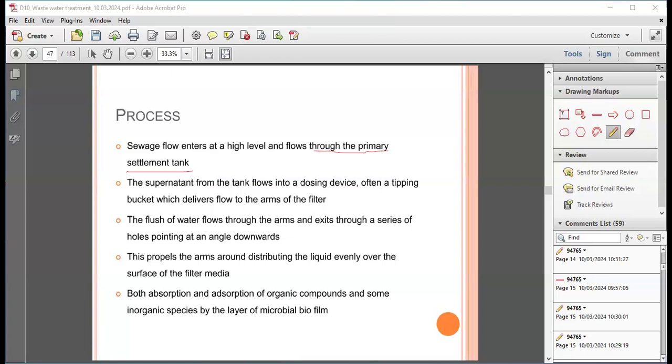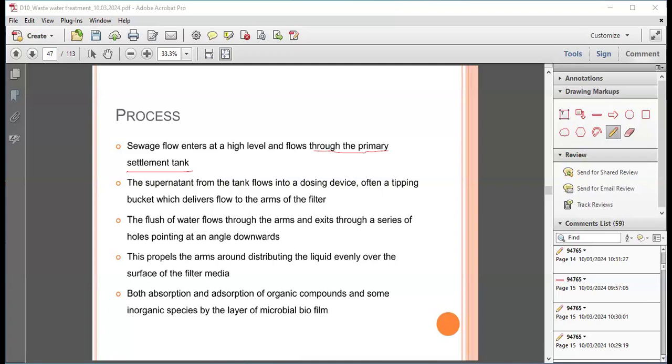Adsorption means avasosanaya, but it is different from absorption.